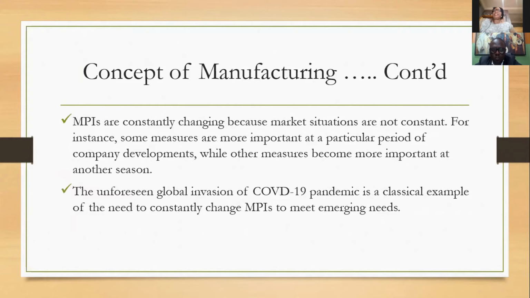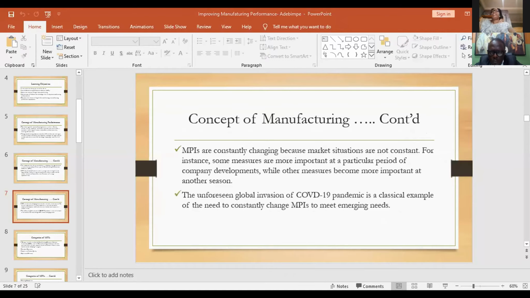For instance, some measures are more important at a particular period of the company's development, while other measures become more important at another season. The unforeseen global invasion of COVID-19 pandemic is a classical example of the need to constantly change the MPIs to meet emerging needs.